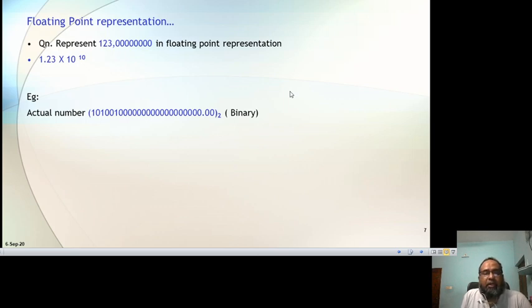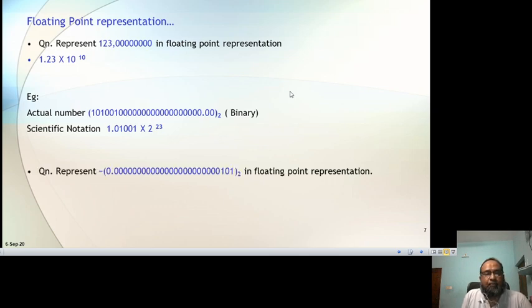So here you have to take care, the base is 2, so the number will be like this, 1.01001 into 2 raised to 23. It is not 10 raised to 23 because the number is binary, the base is 2. Again another number, it's a very small negative number. Here the number is minus 1.01 into 2 raised to minus 24.